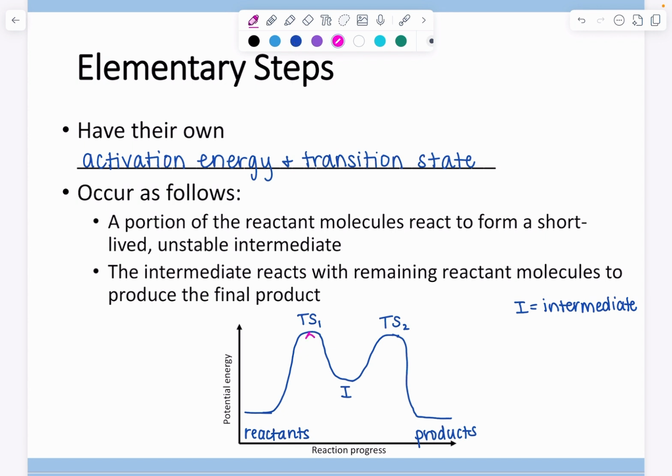We have 2 activation energies. The first one is from reactants to transition state. The second one is from intermediate to the second transition state. So 2 different activation energies, but 1 set of reactants and 1 set of products.